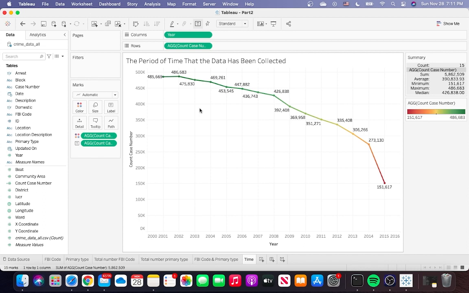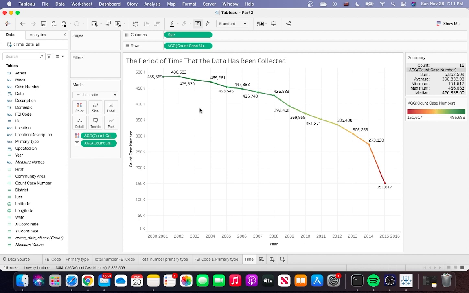Alright, we would like to know the trend of committing crime in the US during this period of time. The data has been collected between January 1st, 2001 and August 6, 2015.